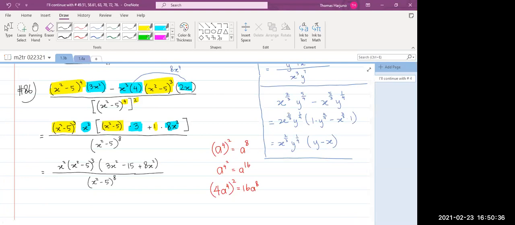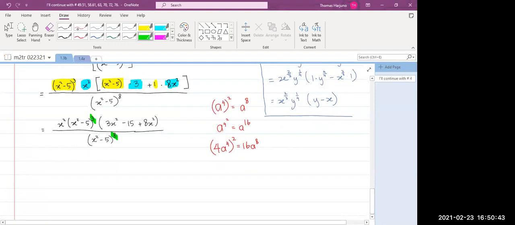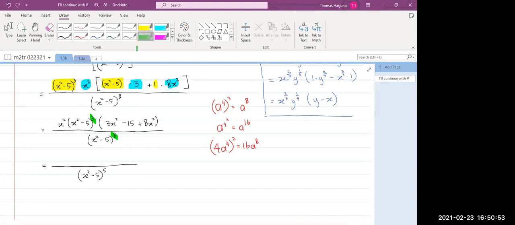Now you see that I can cancel this, right? So I have to the power of 5 on the denominator, that's the extra. So x squared minus 5 to the power of 5. Okay, that's what ended up happening. And on the numerator, I still have that x squared, and then the second parenthesis becomes 11x squared minus 15.